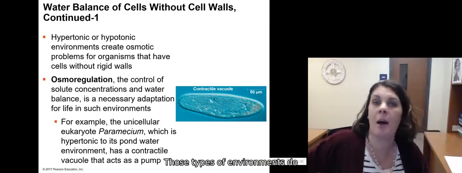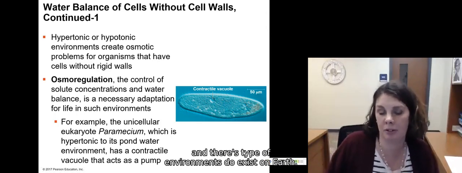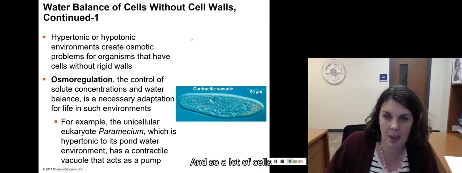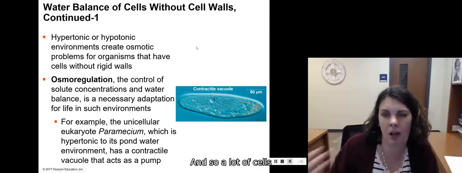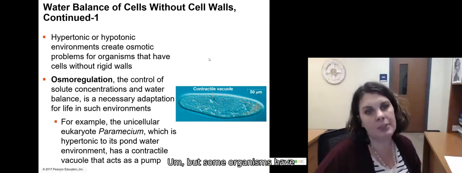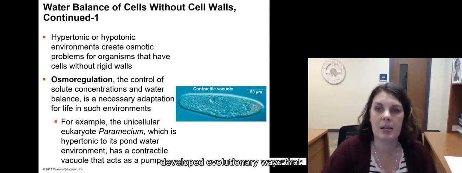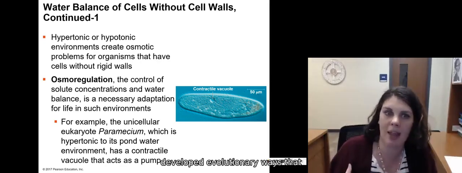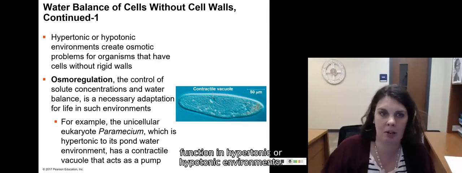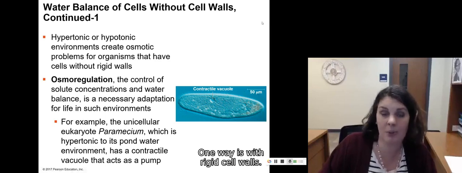Hypertonic and hypotonic conditions, those types of environments do exist on Earth, and so a lot of cells can't live in places that are very hypertonic or hypotonic. But some organisms have developed evolutionary ways that have allowed them to function in hypertonic or hypotonic environments.